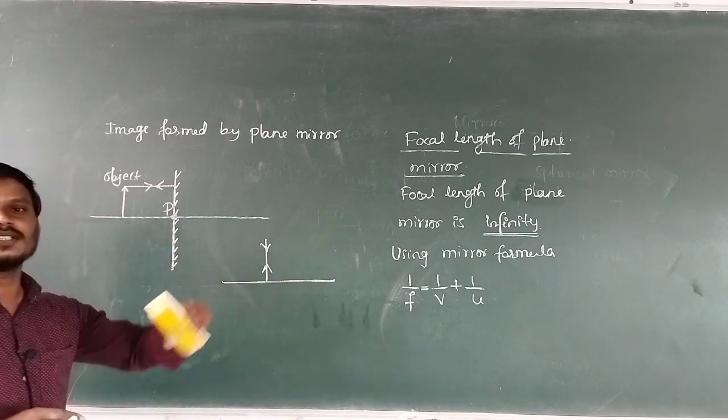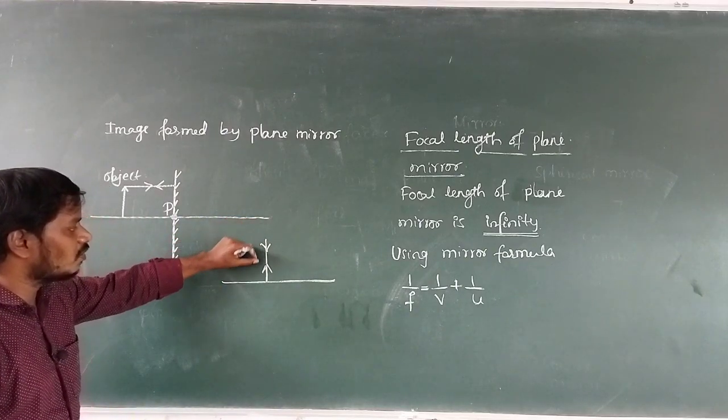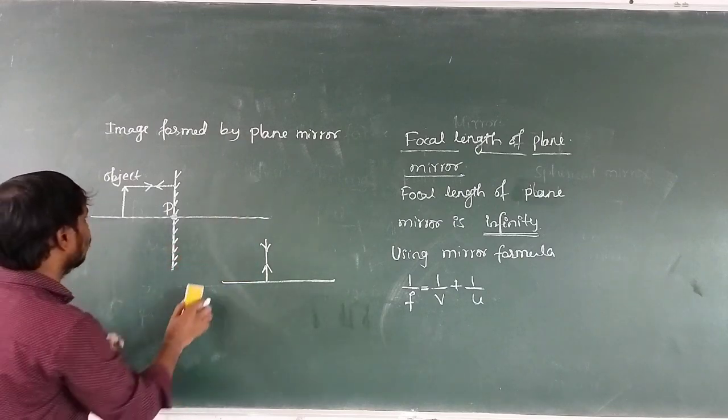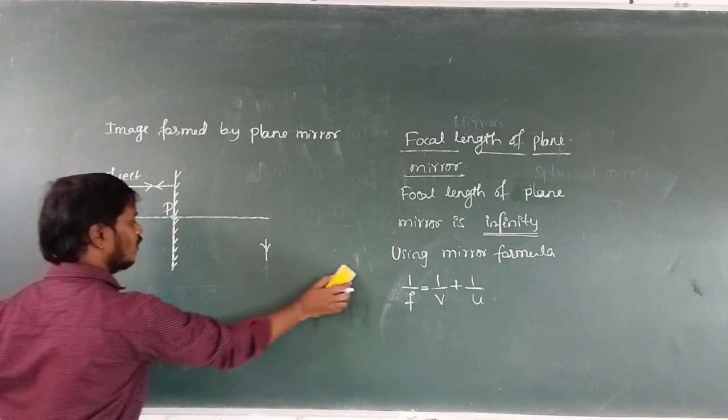The angle of incidence is equal to the angle of reflection. Here the angle of incidence is 0 and the angle of reflection is also 0.